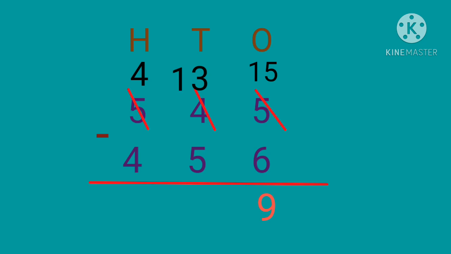Now 13 tens minus 5 tens will give you 8 tens. Now in the last, let us subtract the digits in the hundreds place. 4 hundreds minus 4 hundreds gives you 0 hundreds. So we can see that the answer is 89. So the number of seats vacant in the theatre is 89.